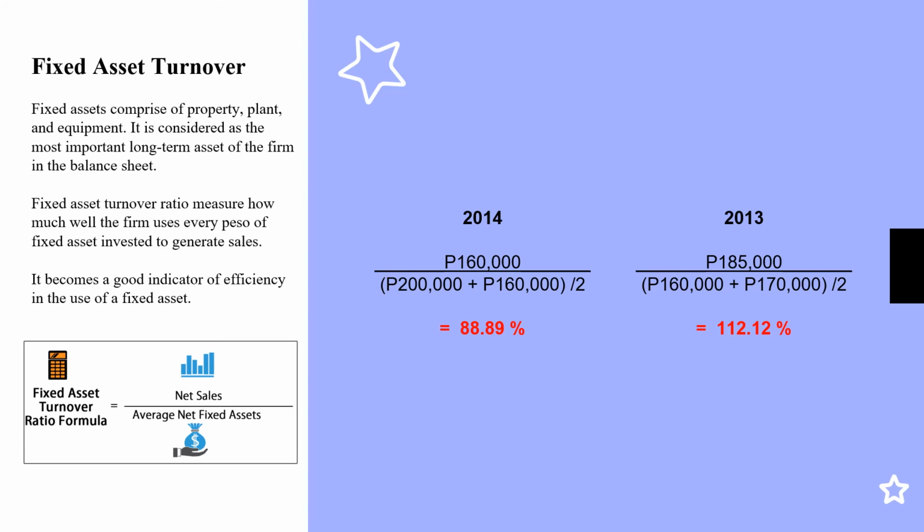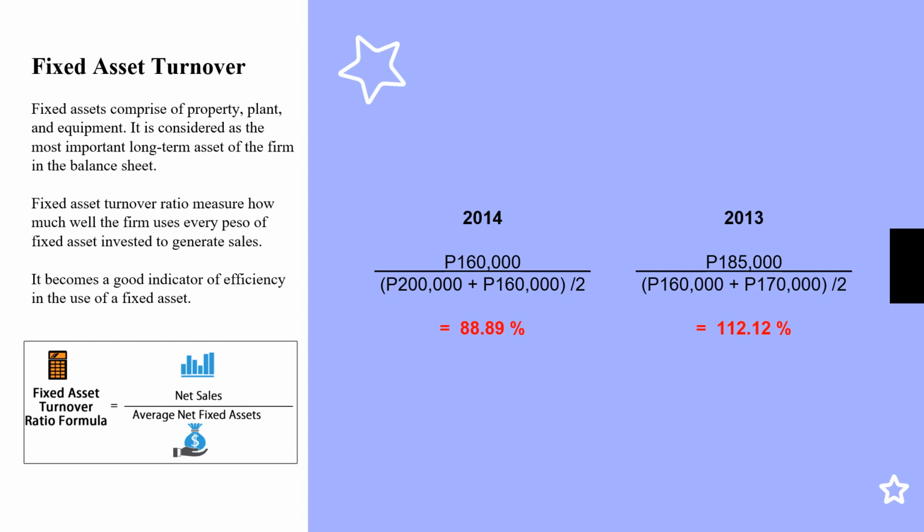So how effective and how efficient the firm is in using its fixed assets to generate sales. Okay? In every peso of fixed asset, how much yung nag-generate nating sales. So it becomes a good indicator of efficiency in the use of a fixed asset.